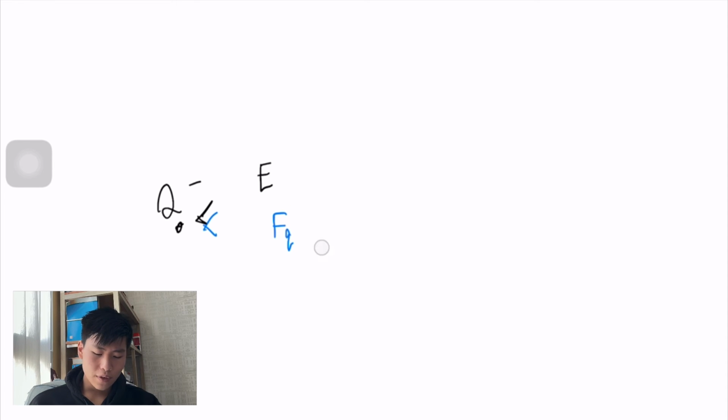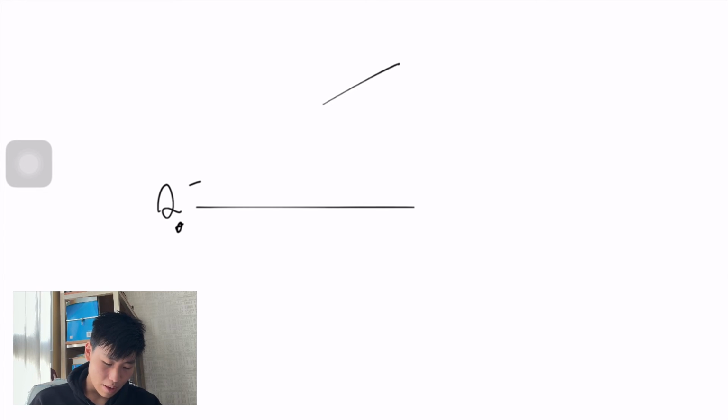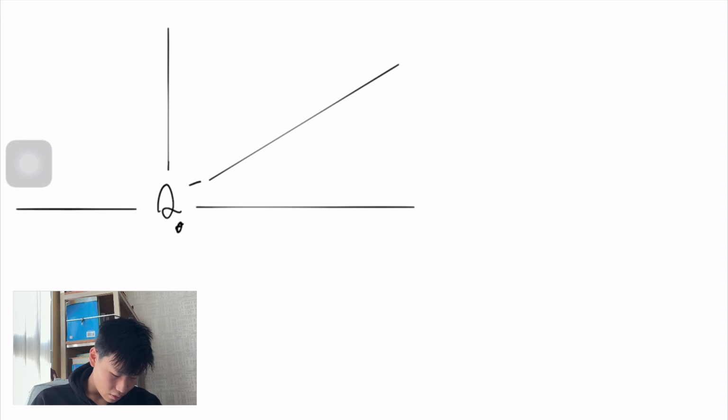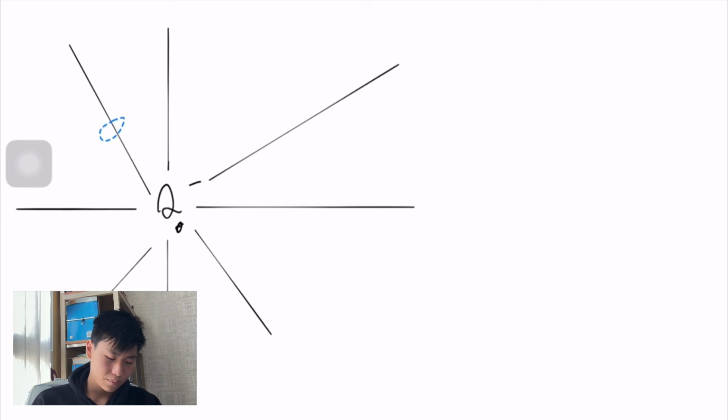There's going to be an E field coming in all directions, in every single direction, right? And since this is a negative charge, the direction of the E field is going to be towards the negative charge.